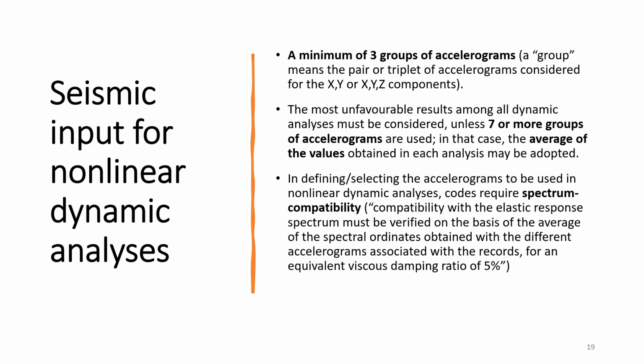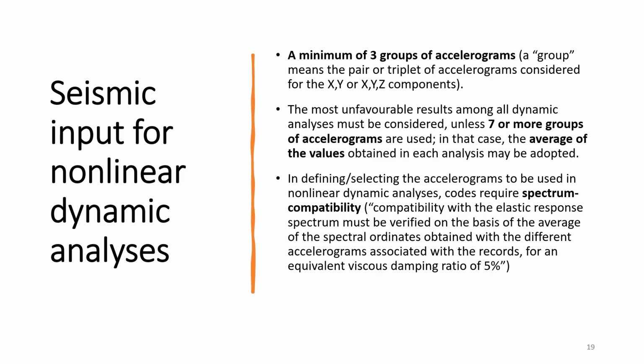Normally, codes specify that seismic input for nonlinear dynamic analysis can be provided in terms of accelerograms or groups of accelerograms, meaning a pair or triplet of accelerograms, depending on the number of components considered relevant in the analysis.